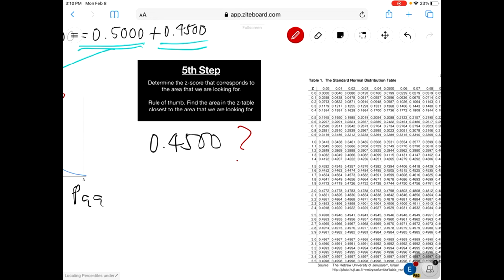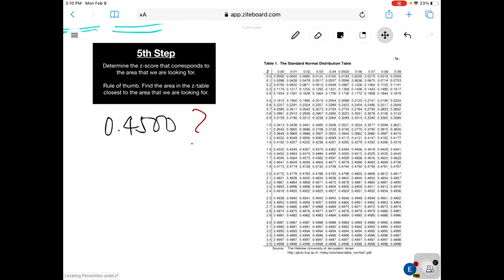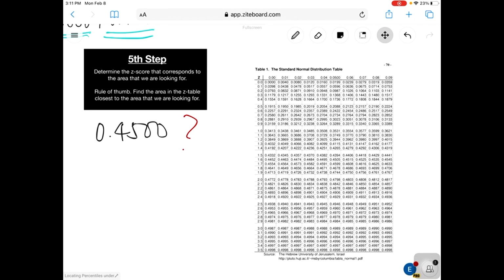In the z-table, we actually have two areas closest to the area 0.4500.